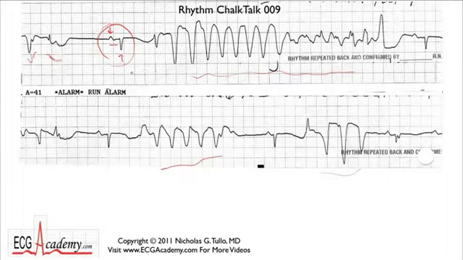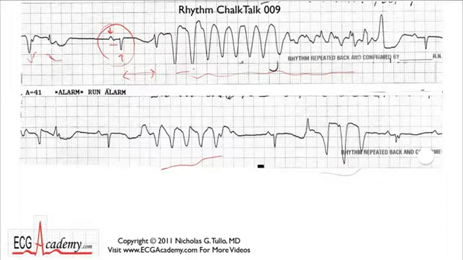So now we have, after a short pause of maybe 600 milliseconds or so, the beginning of this run of something. The first beat almost looks like the normal beat, except the R wave's a little bit taller and it looks a little wider, and I'm not really sure about that. But then you've got these wide complex beats starting at a rate of about maybe 160 beats per minute, and then it speeds up somewhat.